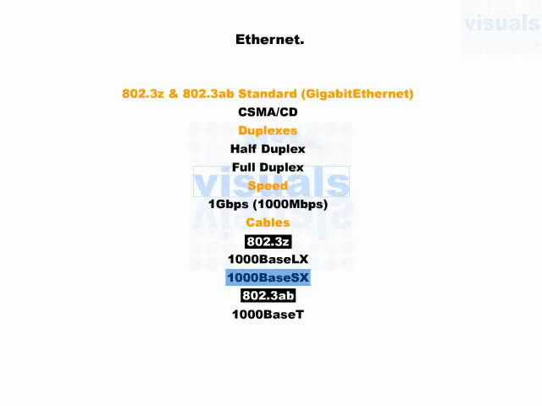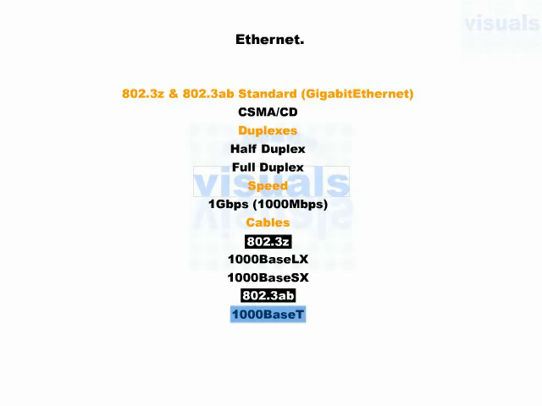For 802.3ab standard, 1000 base T. 802.3ab standard provides 1 Gbps data transmission rate over double twisted pair cable category 5. The length of the cable supported is up to 100 meters.